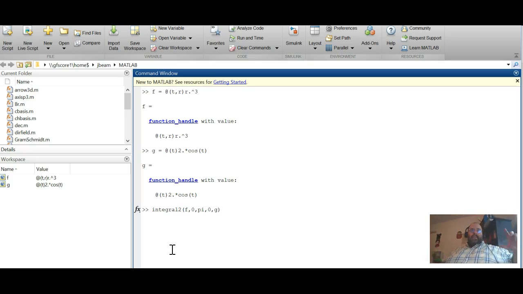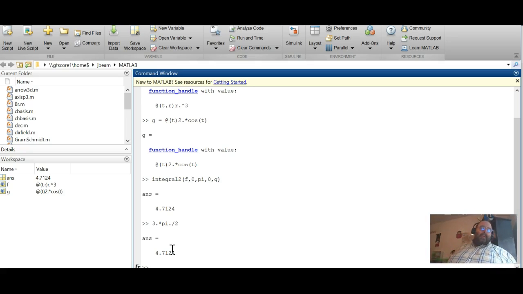So the outside bound is 0 to pi, the inside bound is 0 to g, and that gives me 4.7124, and if I happen to take 3 times pi and then divide that by 2, I get the same value. So MATLAB and my work by hand seem to be in agreement for this problem.